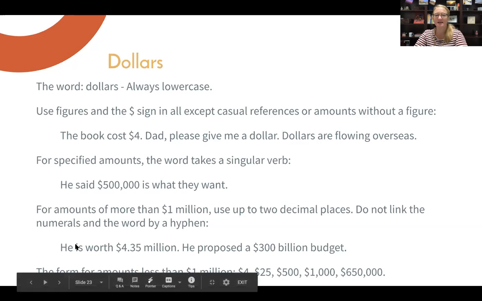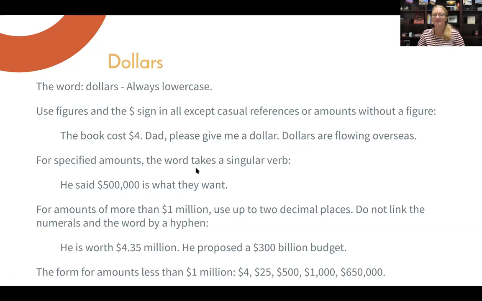So for instance, he is worth $4.35 million. If he's worth $4.356 million, you would round it up to $4.36 million. So you go back and use your math, learn how to round up. Only go out to 2 places after the decimal.